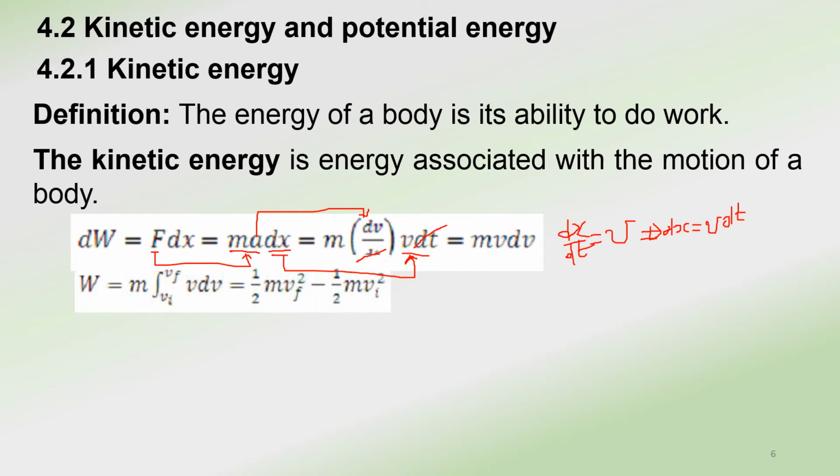To find an answer to this equation, we need to integrate. Then integration on the left hand side gives the work done, which is equal to the mass. Mass is constant, but the velocity of the moving body changes from initial velocity to a final velocity. This v with index i means initial velocity, and v with index f means the final velocity. Then the work done equals m, mass, times the integral of v dv from when the velocity changes from initial velocity to the final velocity.